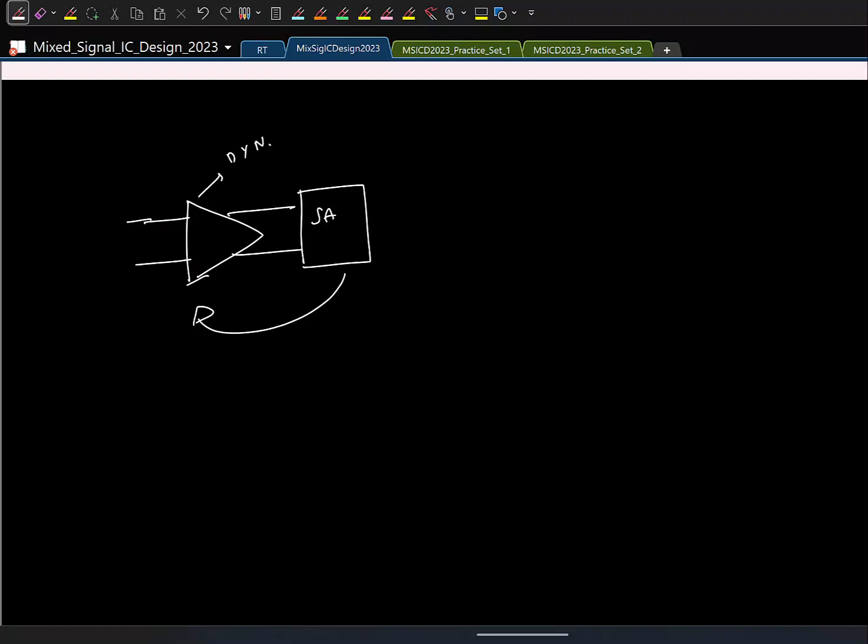Mismatch. So if we are increasing the size on one side, basically this changes the load of the preamplifier. That's the load of the preamplifier.